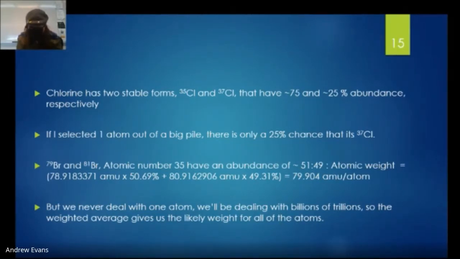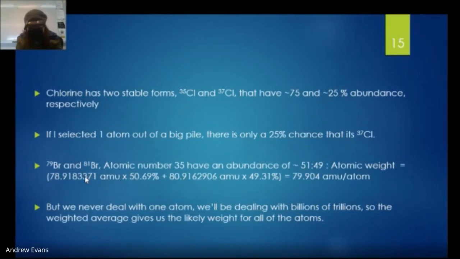Bromine has isotopes 79 and 81. Those are approximately 51 to 49% abundant, which is as close to 50-50 as you can get. So what we see when we see the atomic weight of bromine is the weighted average of each one. One is 78.9, which essentially rounds up to 79. The other is 80.9, which essentially rounds up to 81.